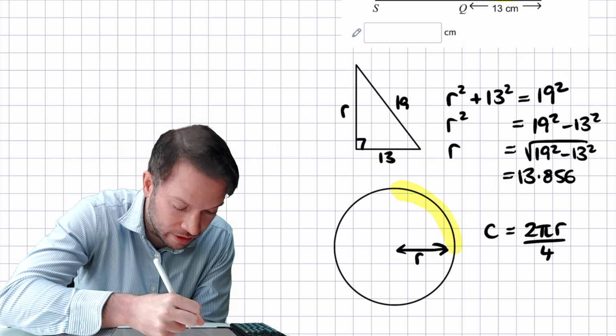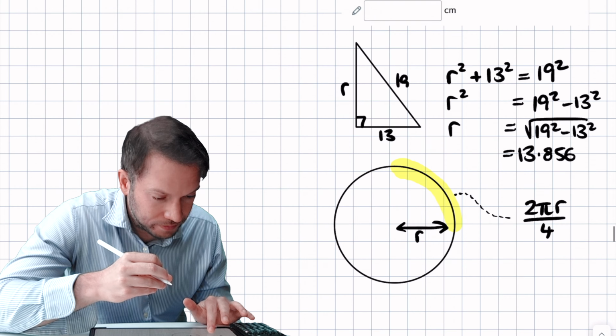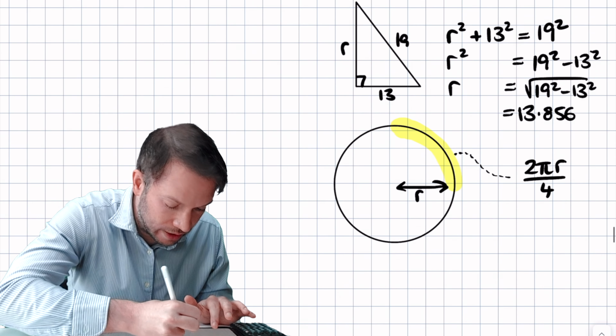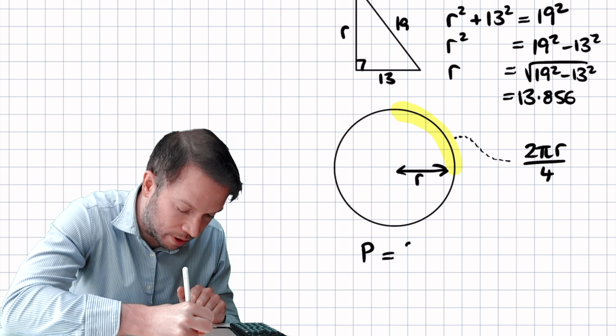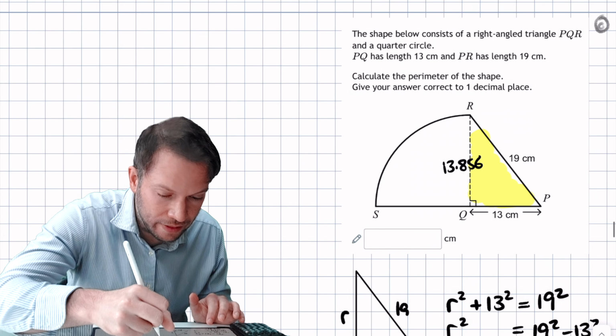So let's do that. We've got the radius, we can see, is 13.856 of this quarter circle. So the perimeter is going to be 2 times pi times the radius, which we said was 13.856, divided by 4. So that will be the length of this quarter circle up here. And then we need to add the other lengths as well.